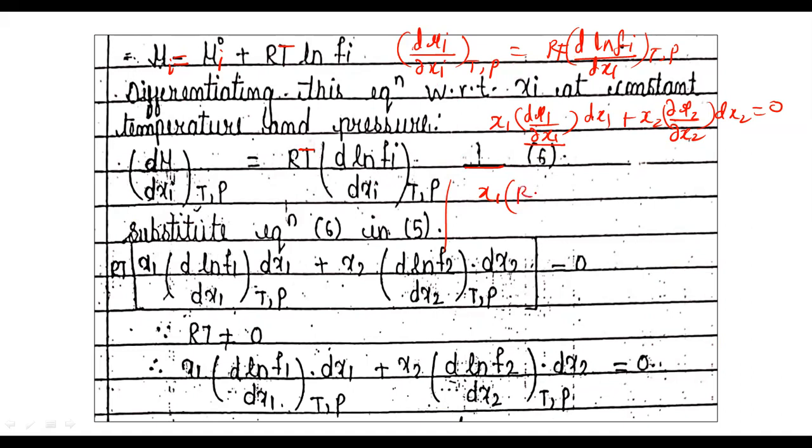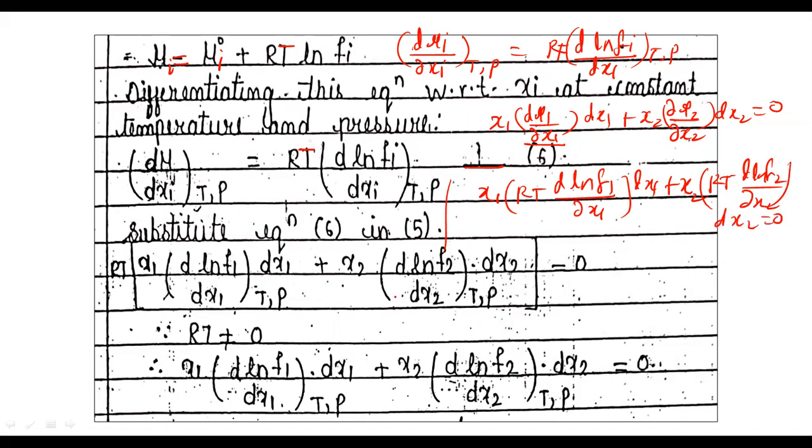So it is RT, derivative of ln f1 for the first component, we are writing this, so dx1, into this dx1, plus x2 into RT derivative of ln f2 divided by dx2 into dx2, it is equal to 0.